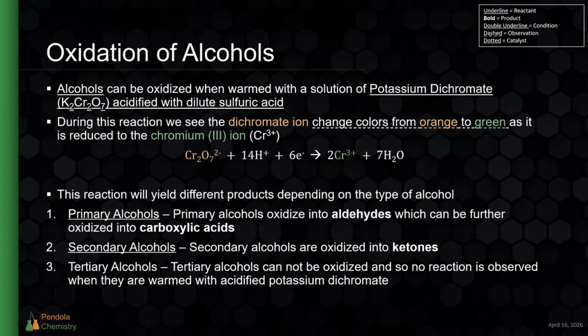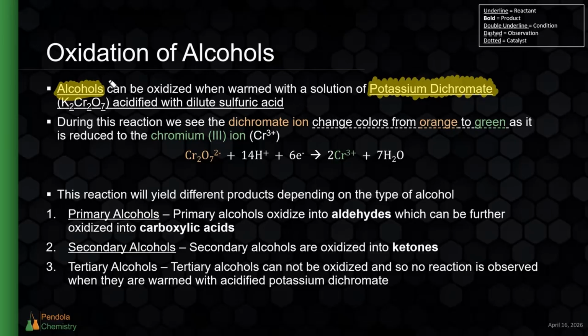Alcohols, again, which is why we want our reactants, because this is the alcohol chapter. Alcohols can be oxidized by exposure to a strong oxidizing agent. So an alcohol can react with something like potassium dichromate or potassium permanganate, because remember, they're both oxidizing agents.